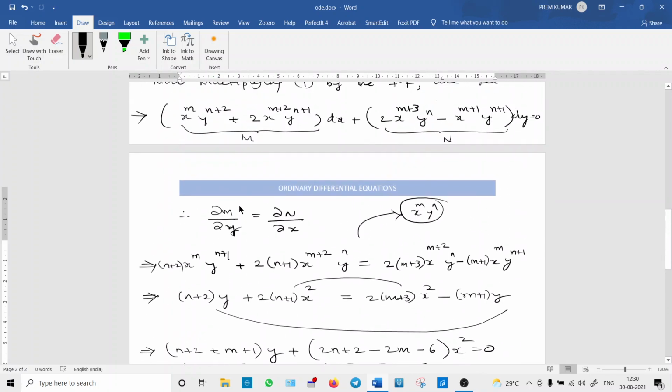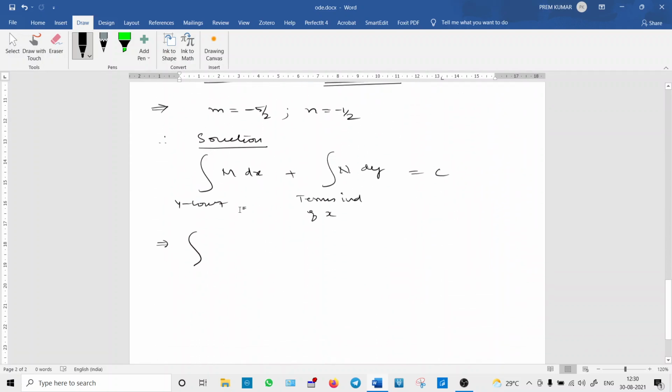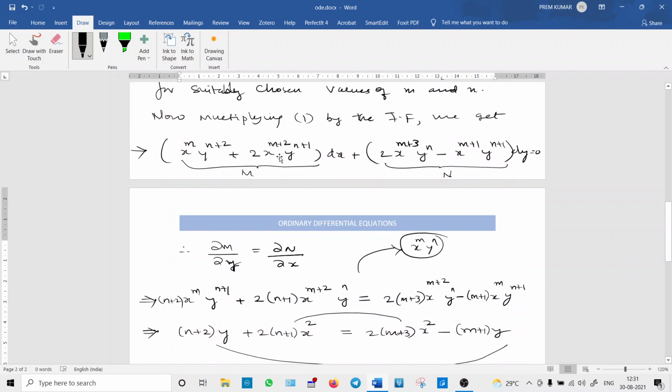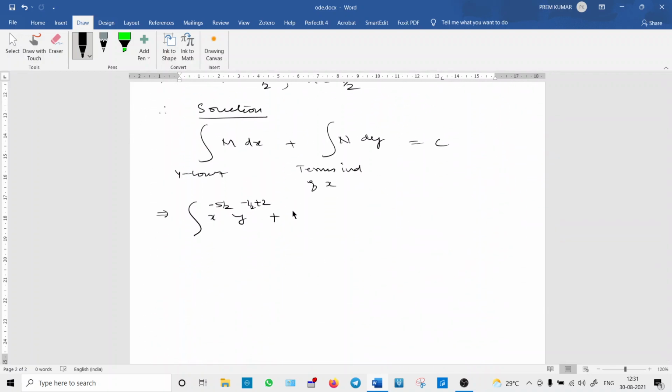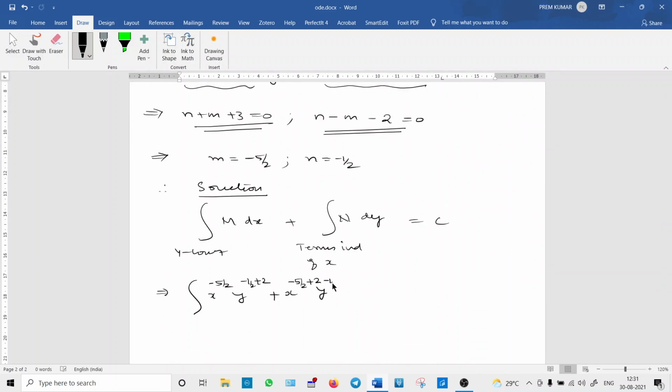You see here, this is my M. This is our M and N. Okay, x power of m, y power n plus 2. x power of m, y power n plus 2, plus 2 times x power of m plus 2, x power m plus 2 into y power, you see here, y power n plus 1. See, be careful, minus 5 by 2 plus 2 is here.